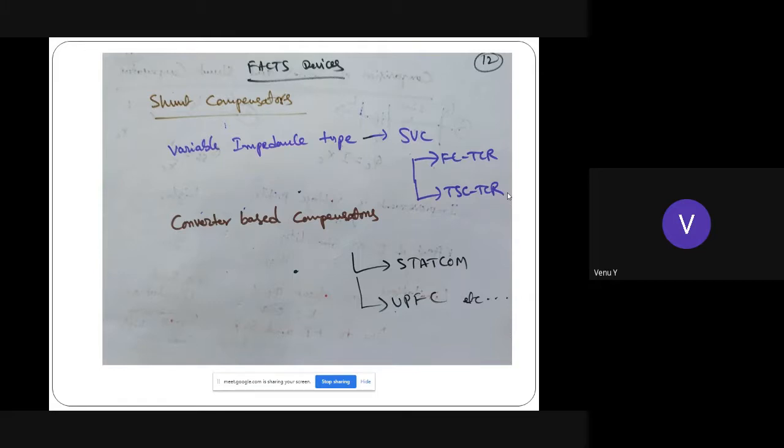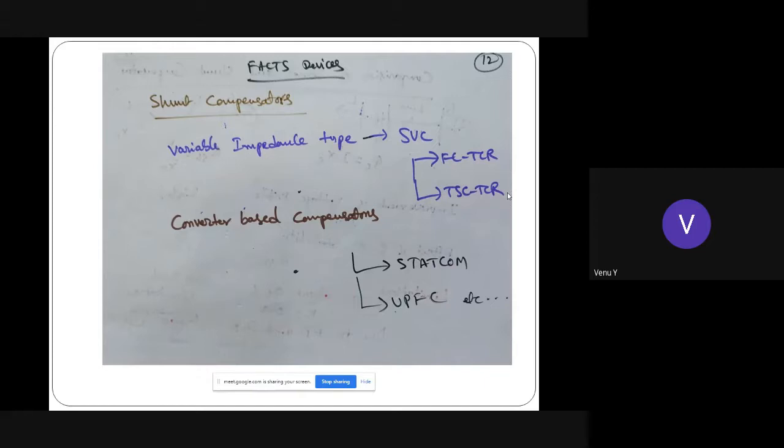In converter-based type, you have hybrid H-bridge type converters or multilevel converters used as STATCOM, UPFC or SSSC. The shunt controller is STATCOM, the series controller is SSSC, and the combined controller is UPFC. So you have many FACTS devices in hand to choose from properly. That is the converter-based compensators.